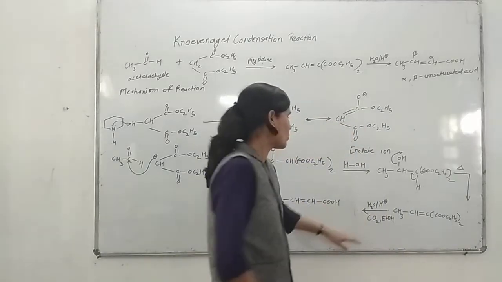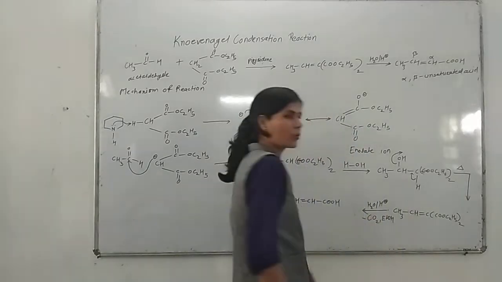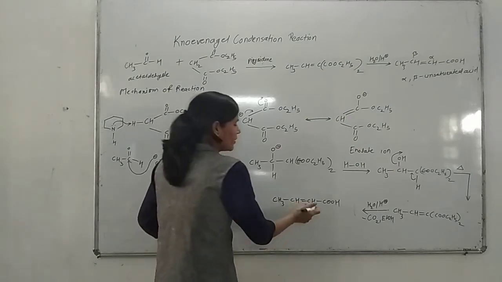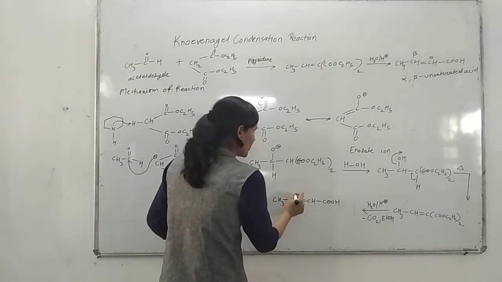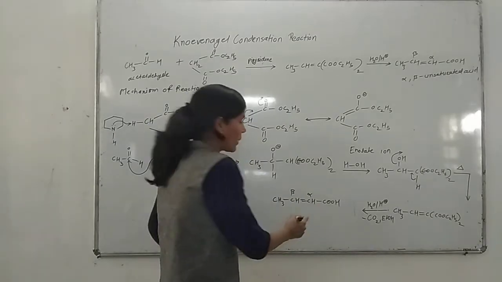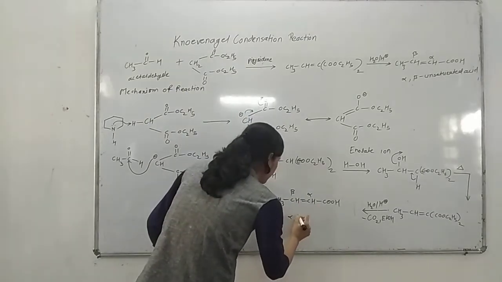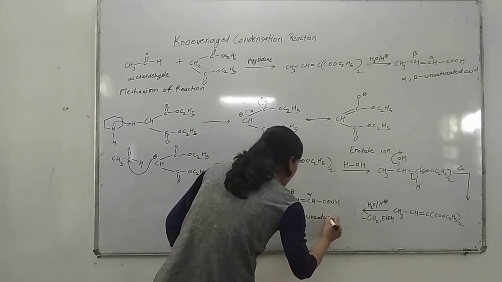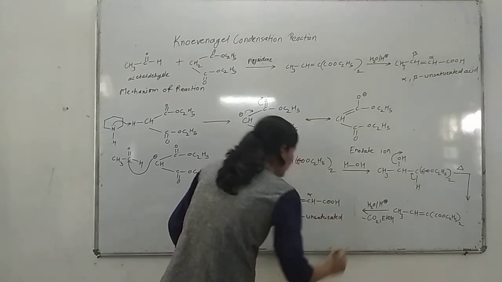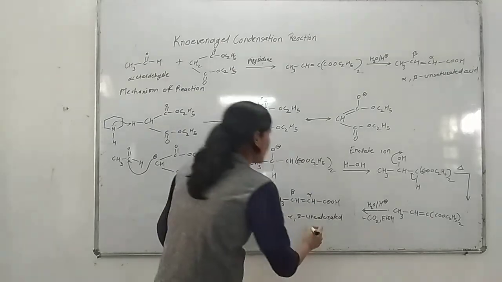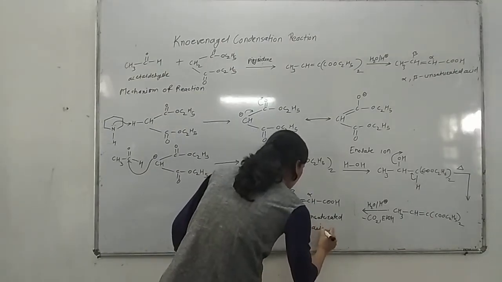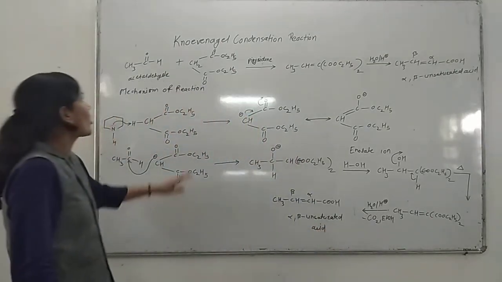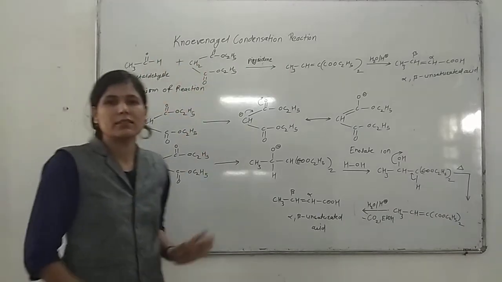Elimination of carbon dioxide and ethanol, and here formation of alpha beta unsaturated acid. This is all about the Knoevenagel condensation reaction.